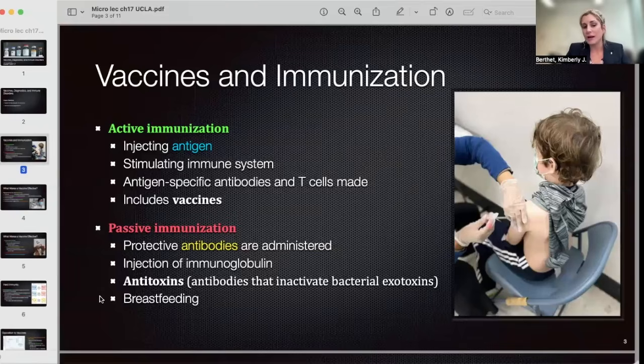So antibodies are passed from mother to child to protect the young because their immune system is not fully developed at that point. So active immune responses create memory, meaning that you'll be able to identify a foreign invader a second time around. Passive immunity, on the other hand, does not have memory. It's only antibodies that are given to you, not antibodies that you generated yourself.